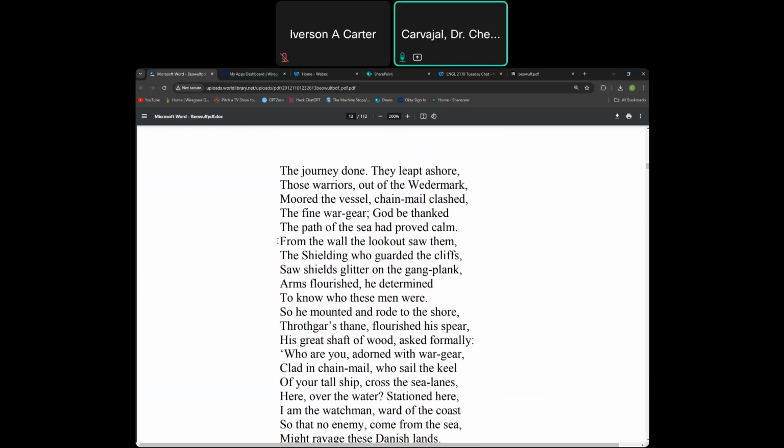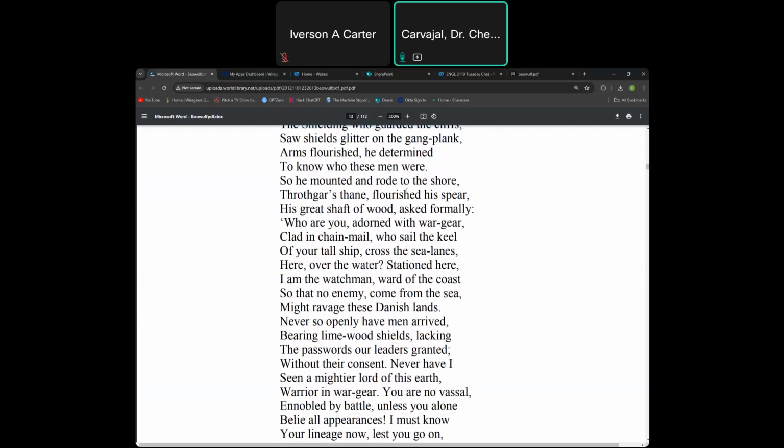But the lookouts, from their walls, from Herod, from Daneland's fortifications, they see Beowulf in his boat and all the people arriving, and they're all armed, and so of course that can be a threat. Essentially, he sees the shields, he sees that they're armed, and he needs to know who they are and why they're here.